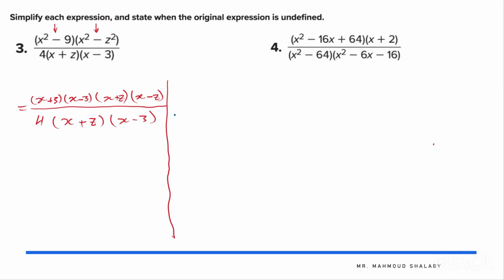Okay, now before you simplify and cancel, don't forget we have to find the zeros of the denominator, which means 4 multiplied by x plus z multiplied by x minus 3 equals 0.